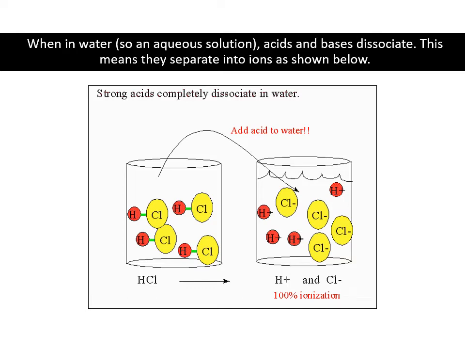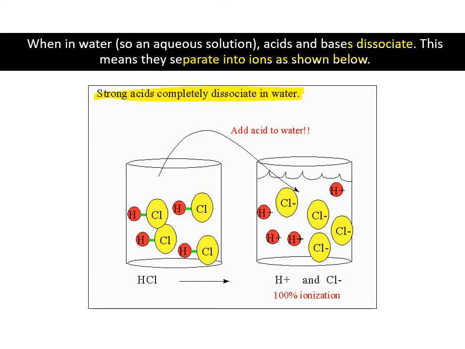So, reviewing from Tuesday, like I said, at least I believe I said, we're going to talk about Arrhenius acids and bases most of the time. In water, or in an aqueous solution, acids and bases dissociate, which means they separate into ions. Strong acids completely dissociate when in water.